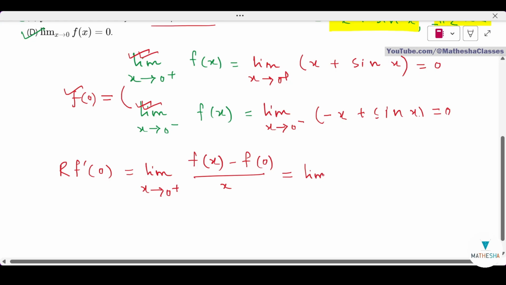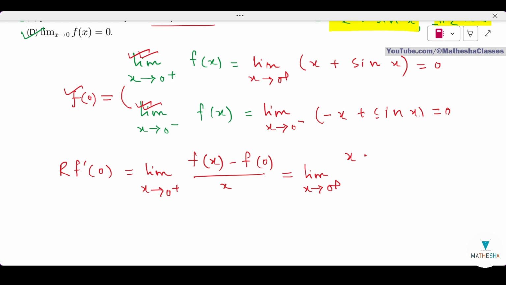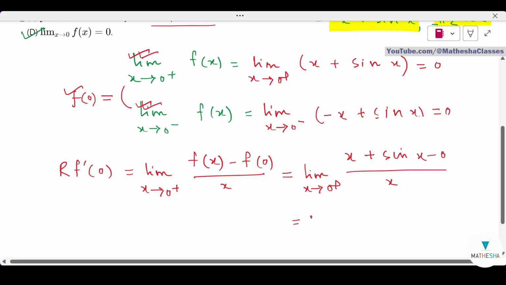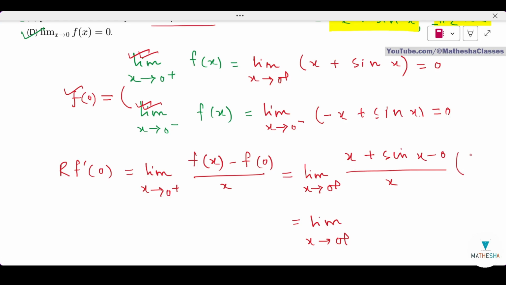So limit x tends to 0 plus (x plus sin x, f(0) is 0, minus 0) by x. You can see (x plus sin x) upon x is of the form 0 by 0, because if you put x to be 0 in this expression, you will be getting 0 in the numerator, and similarly you will be getting 0 in the denominator.